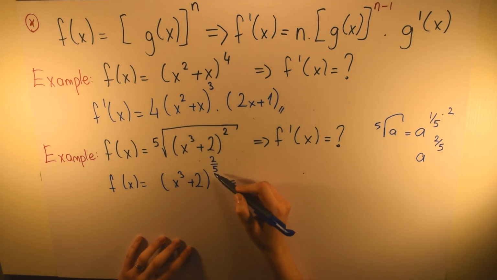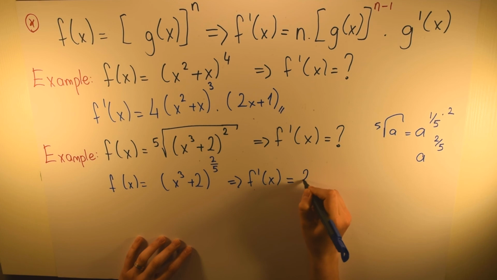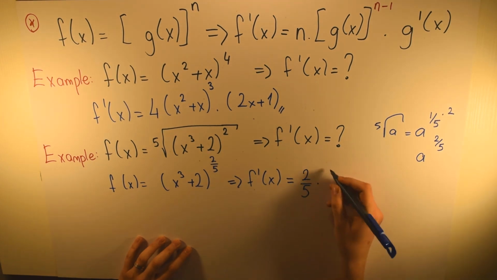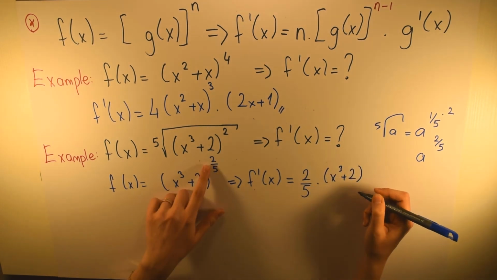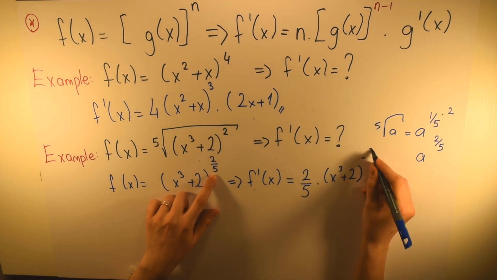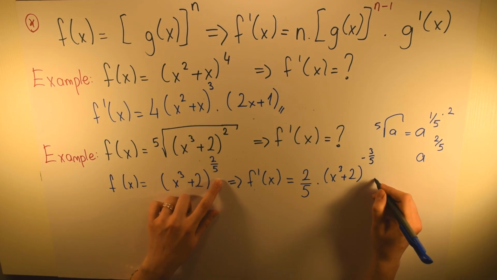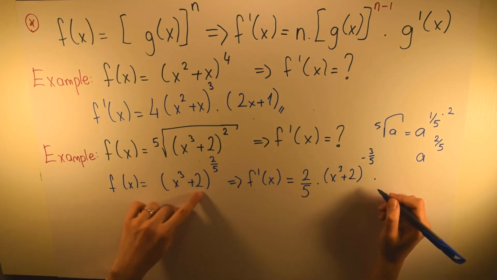So okay, after this, it's much easier. So I put this 2 over 5 in front of this expression. When I take its derivative, it is equal to 2 over 5, okay, times x cubed plus 2 to the power of 2 over 5 minus 1, which is equal to minus 3 over 5, okay, times, and after that I take the derivative of the inside of this parenthesis, okay.